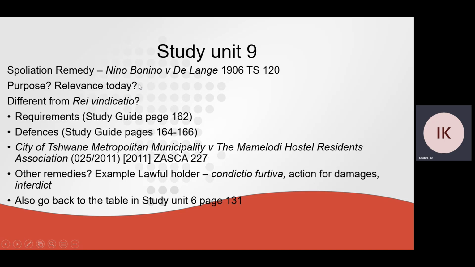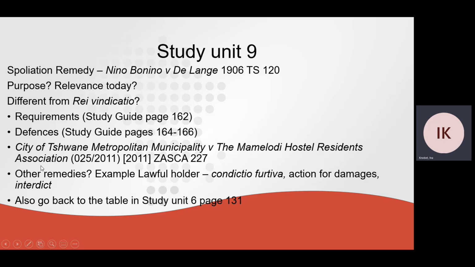Is the spoliation remedy relevant today? It's very relevant. Whenever there is unlawful removal of persons who are not owning land or housing of whatever form, this case is a very good example of that, and the spoliation remedy is used very often.